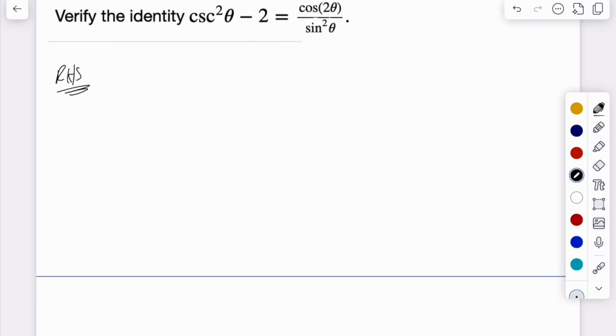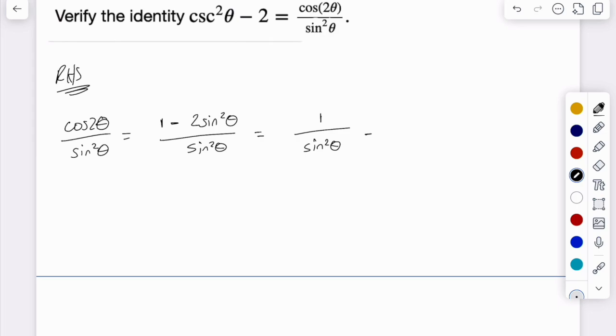If we approach this from the right hand side, what we get is cos 2 theta over sine squared theta is equal to what? Okay, well, cos 2 theta is equal to 1 minus 2 sine squared theta, over sine squared theta. We break this down further.